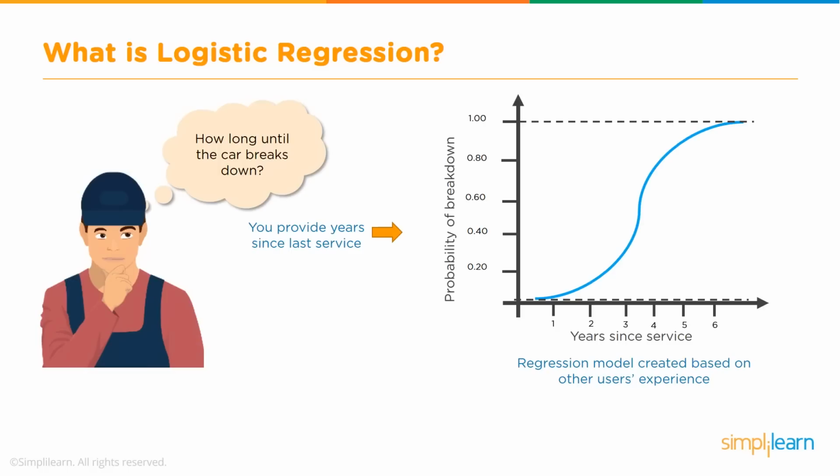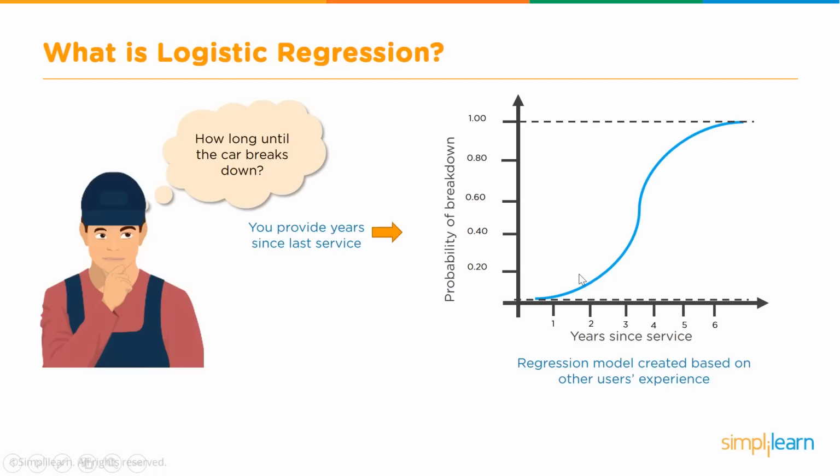If we plot the information along the x and y axis, x is the number of years since the last service was performed, and y is the probability of your car breaking down. And let's say this data was collected from several car users. It's not just your car, but several car users. So that is our labeled data.